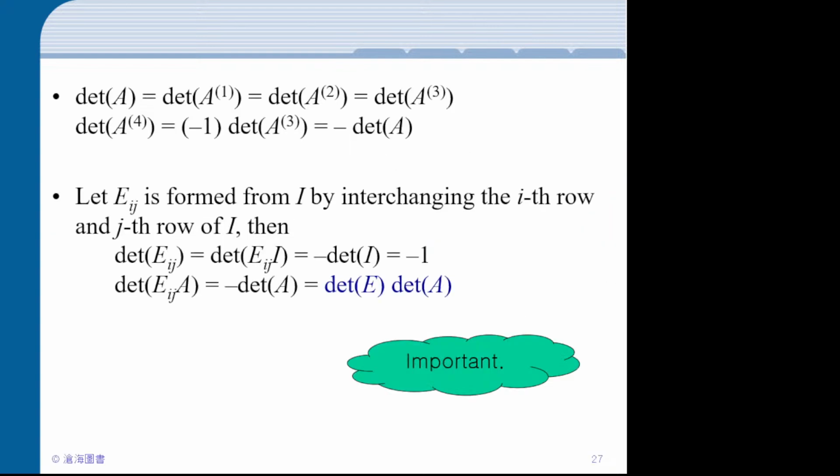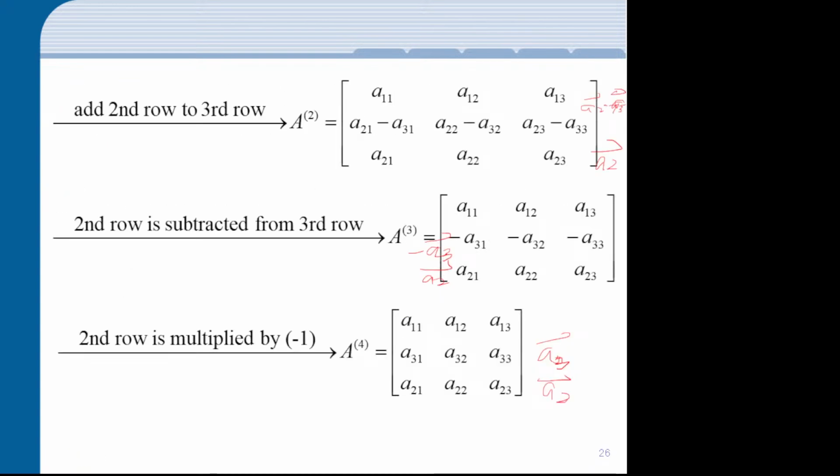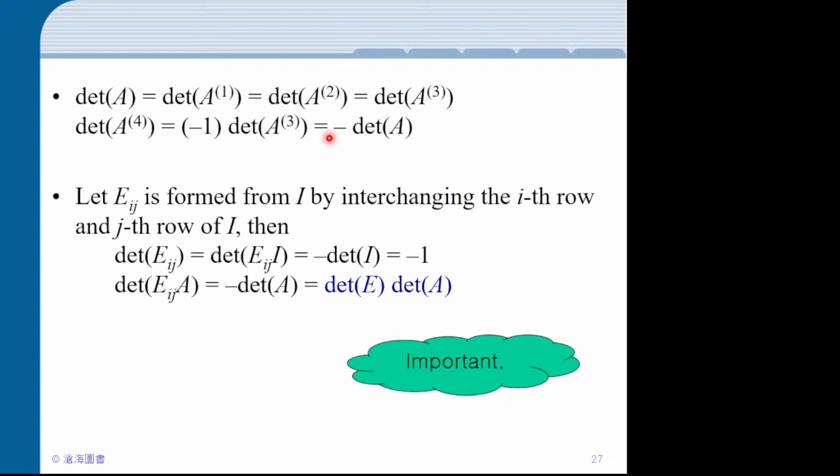As we said, the previous addition and subtraction operations don't change the determinant at all, and the last one multiplies by -1. As we know, multiplying a row by -1 gives you -1 times the determinant. So the final matrix, where you exchange the second row and the third row, has a determinant that's -1 times the original matrix.